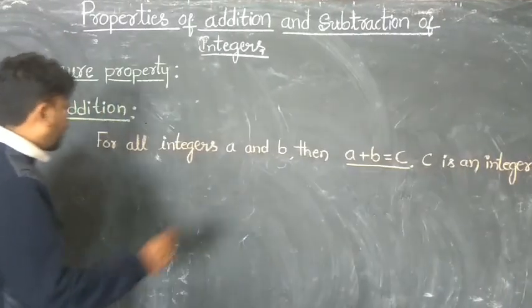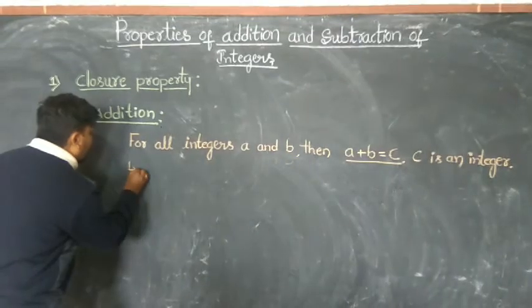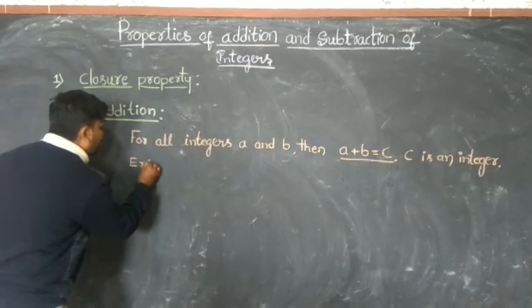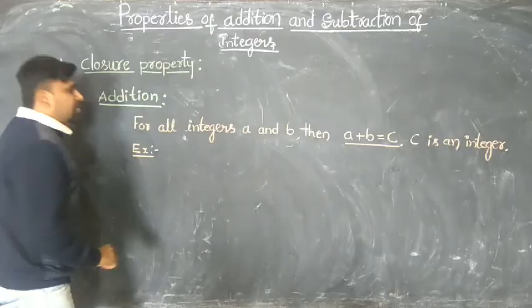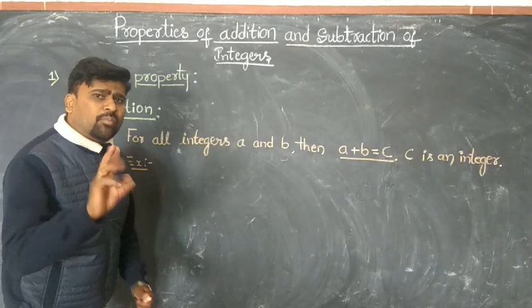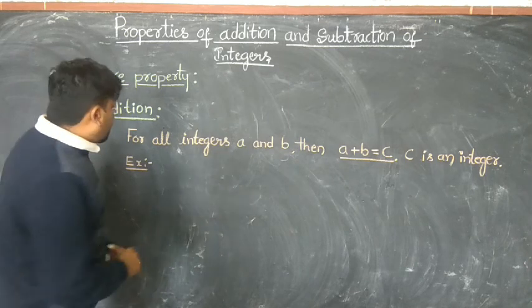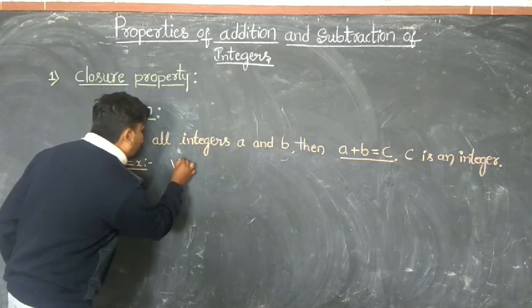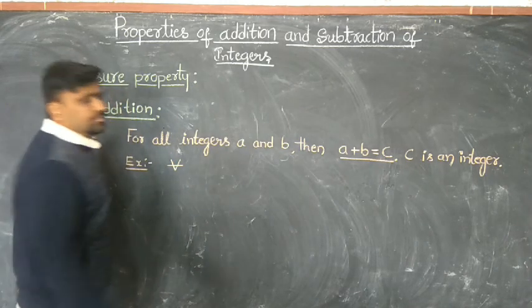I will take one example so you can easily understand. I will take any 2 integers. See here, for all; this is the symbol representation of for all.